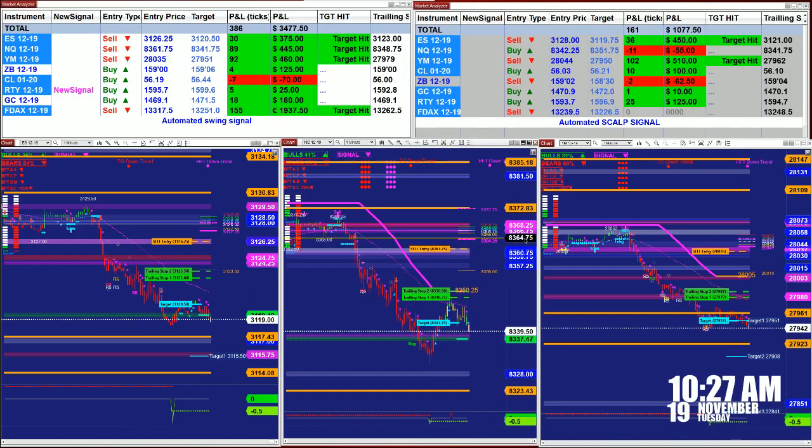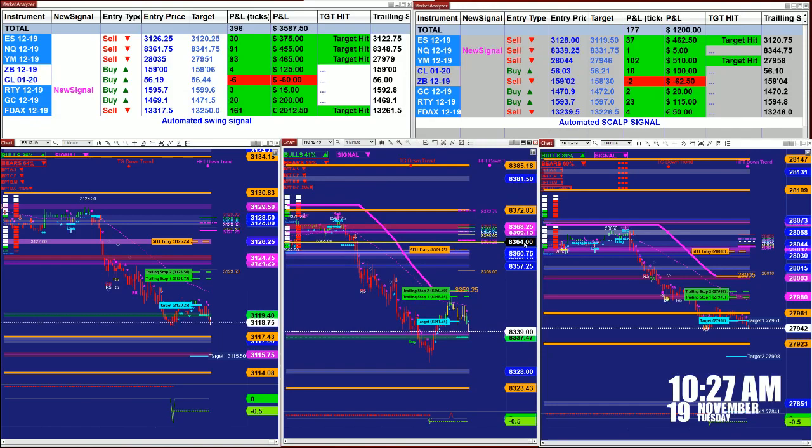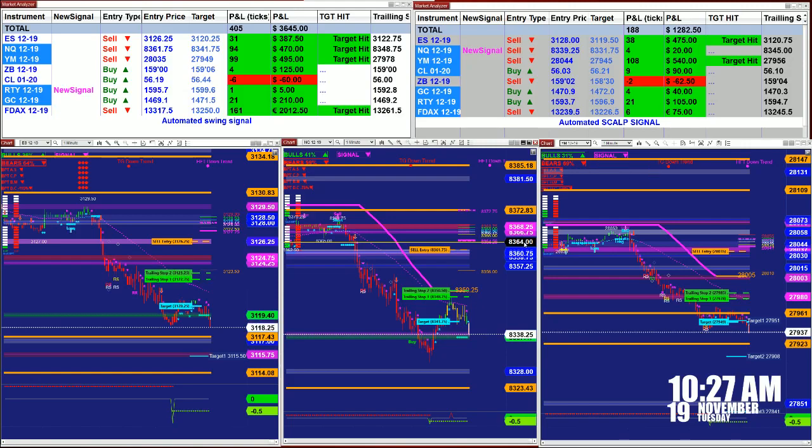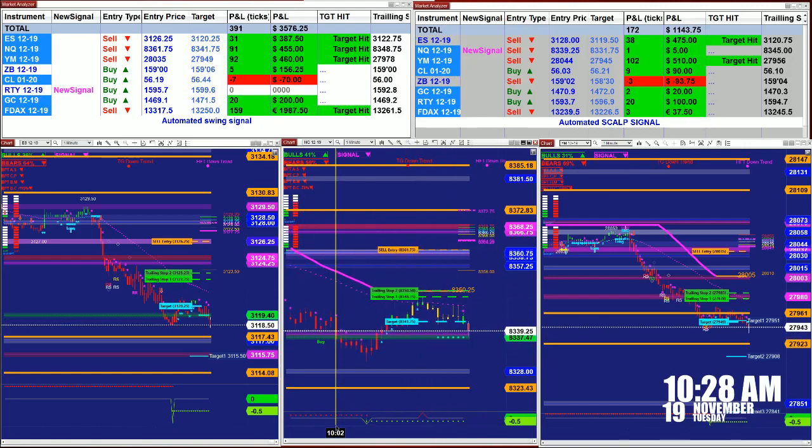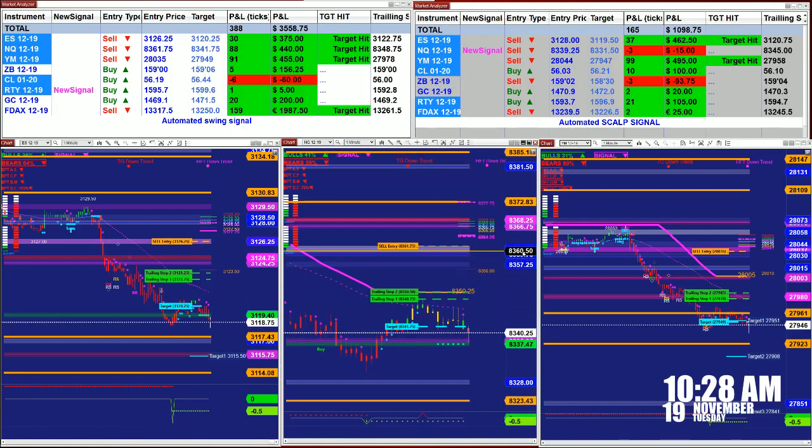It is really going to require a lot of selling to penetrate those lines. So as we look at the Nasdaq, we can see where it stopped.